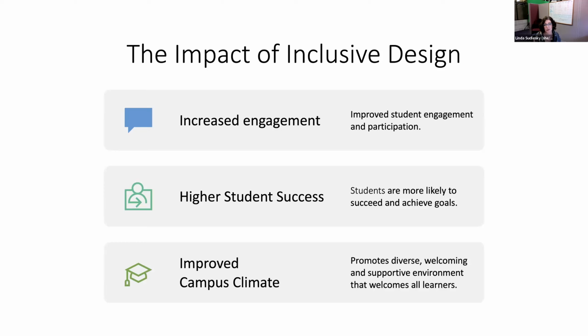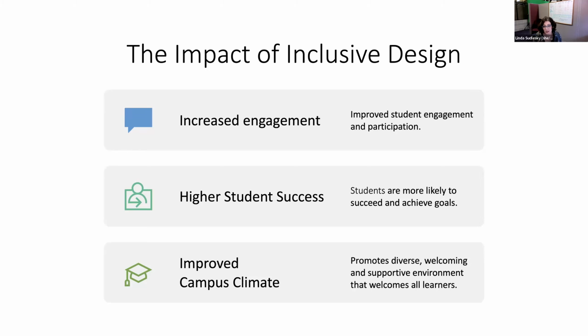Now, the impact of inclusive design and using AI properly is increased engagement. With the ability to access materials on a regular basis, without any delay of having to wait to get the alternate version from the Ross Center, you are improving student engagement and participation, and thus student success would be higher as well.